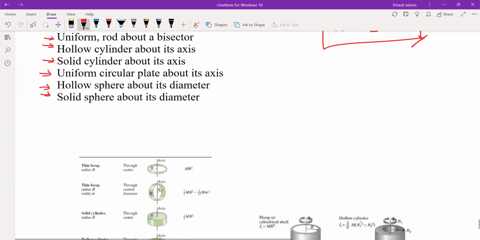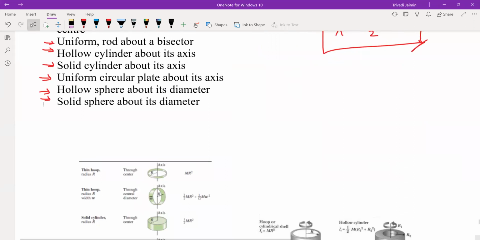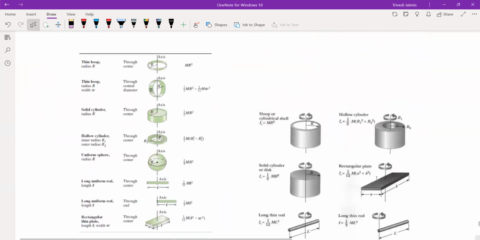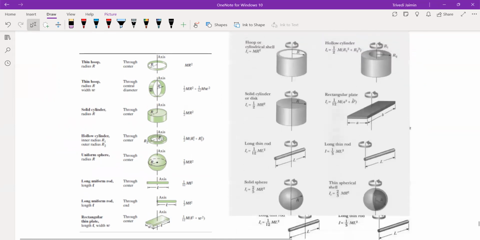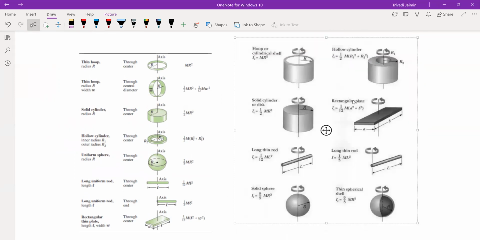Fine. See, these are some standard forms which I have shown here. This I think you already know, right? But see how it looks. If you have seen a hollow loop, hollow cylinder, it will be hollow. Is this photograph clear or shall I zoom it? It's clear.